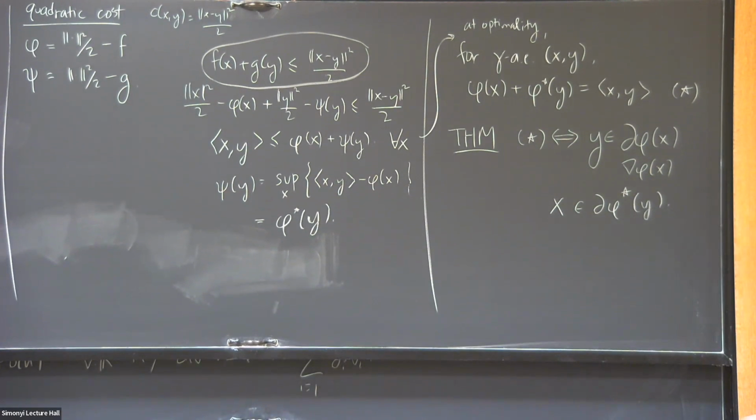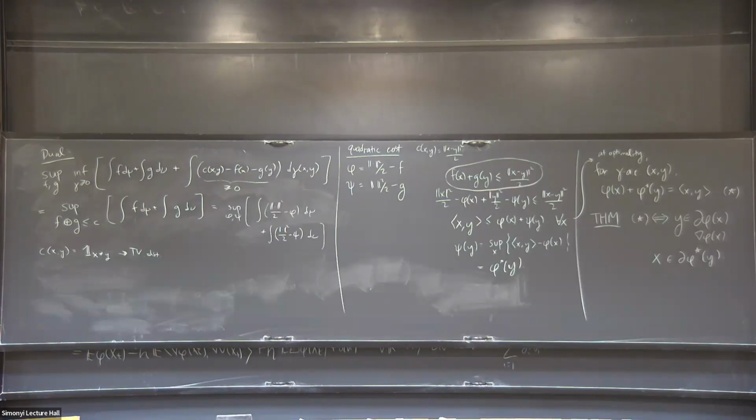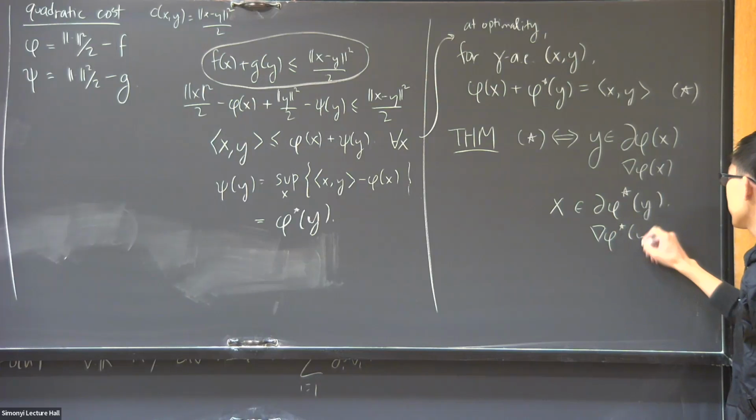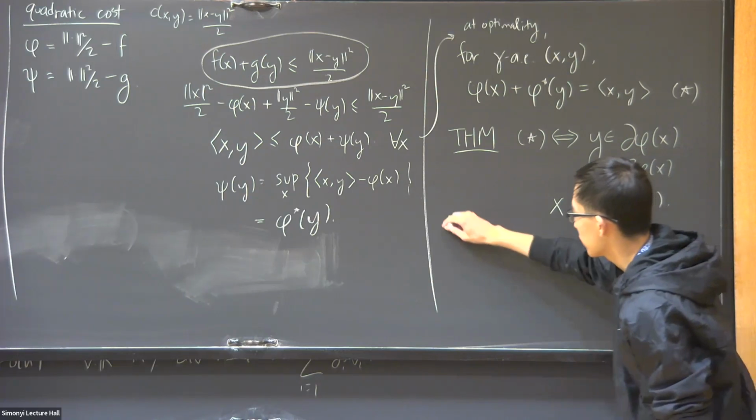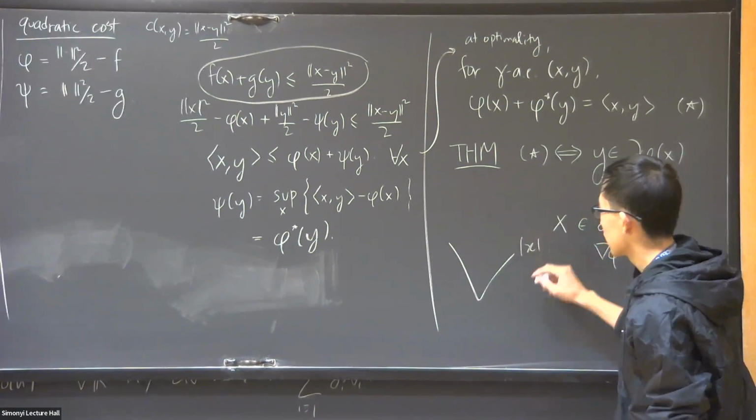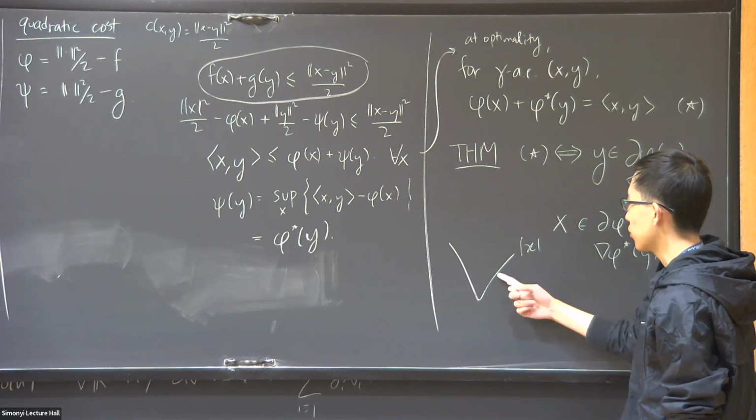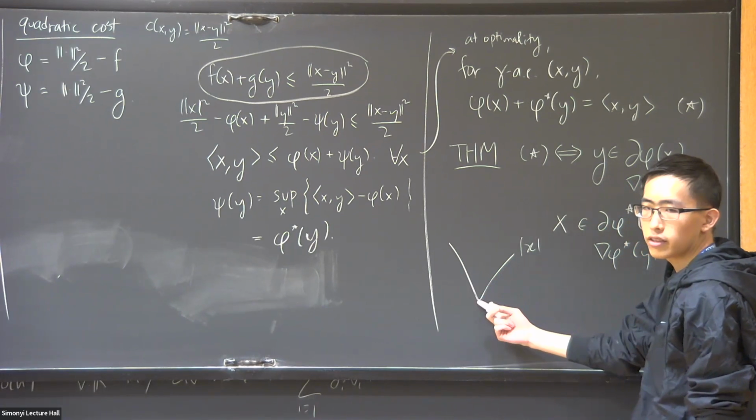So if the differential of phi is the set. In general, it's a set, because the gradient is a vector. What you should think of is the absolute value function. At all of these points, this function is differentiable. Here, it's not differentiable.